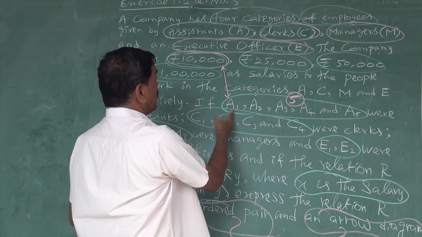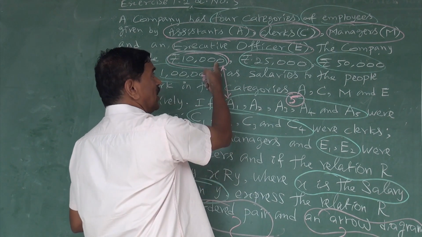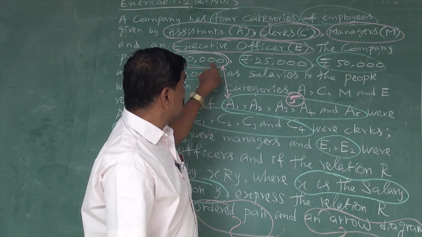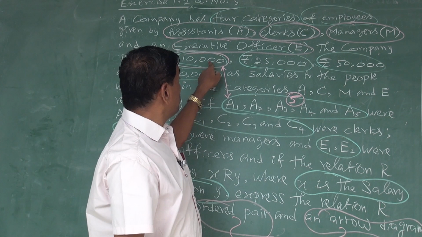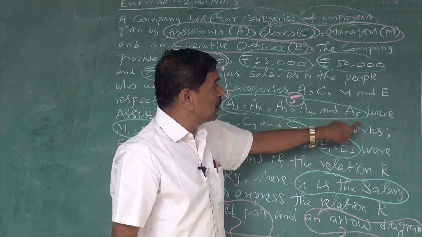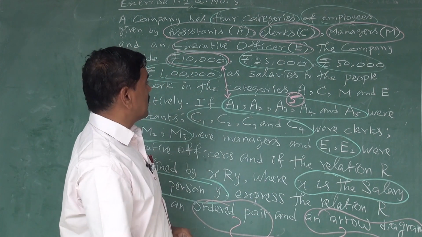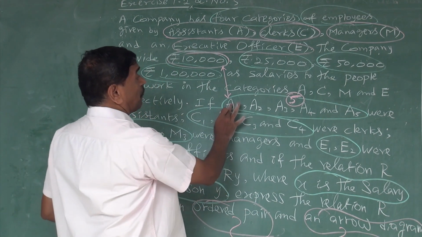So assistant 1 gets 10,000, assistant 2 gets 10,000, assistant 3 gets rupees 10,000, assistant 4 gets rupees 10,000 respectively, assistant 5 also gets rupees 10,000.